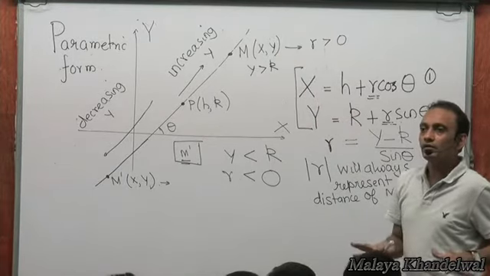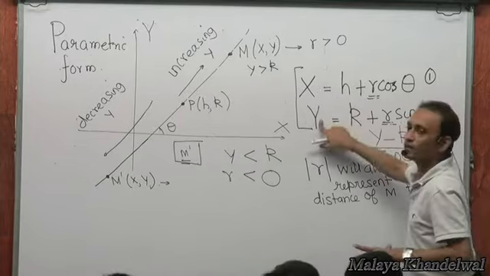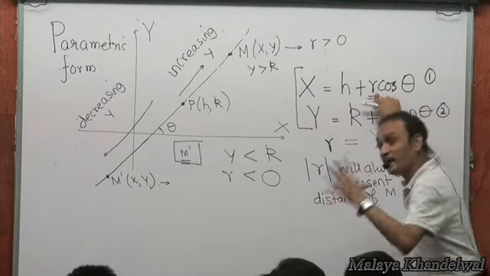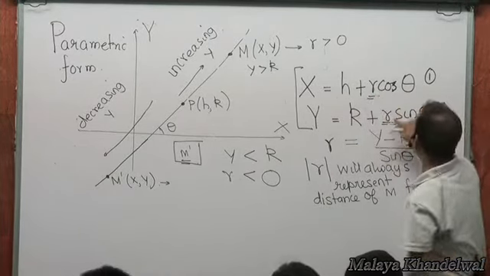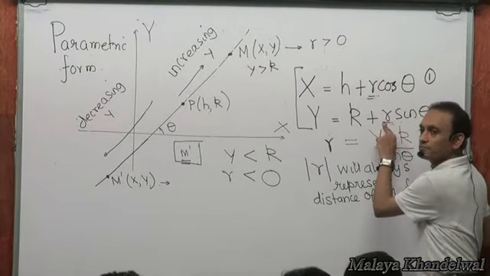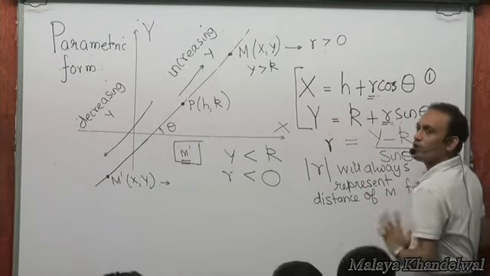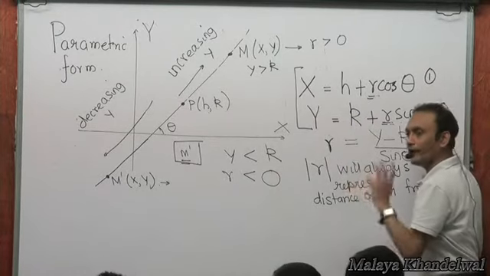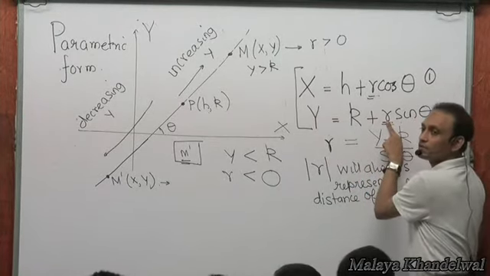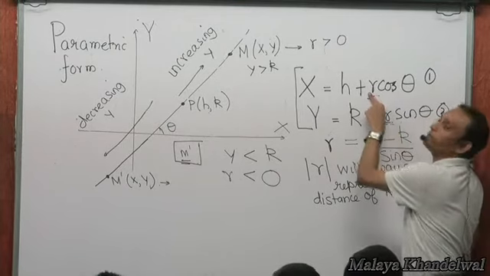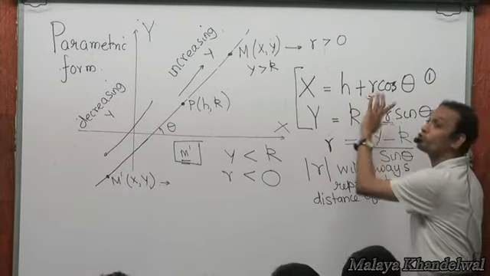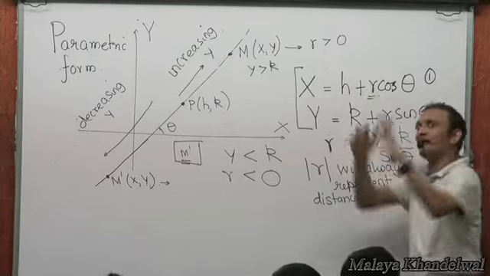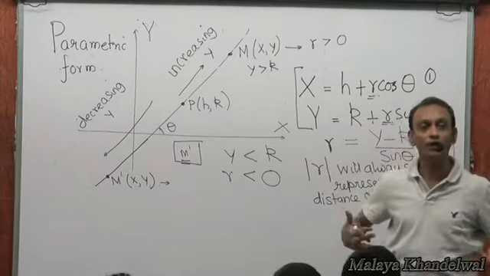The algebraic r will be the same. If you solve for r from this equation, say they gave you a certain point x comma y, and they gave you a point h comma k on the line, right? And you solve for r from this equation, then the same r you can plug into this equation. It's the same r for a given xy, the same algebraic r, not mod r.